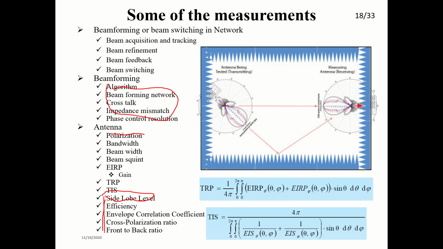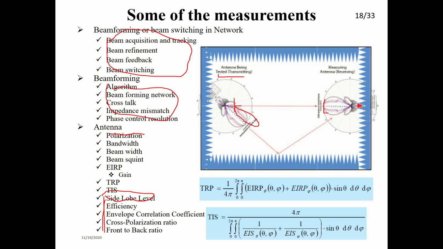Okay, so I was mentioning beam acquisition and tracking. Why? Because this has to be measured carefully. For example, your DUT antenna is receiving in this direction, but the antenna being tested is physically or mechanically directed towards this, while electrically your beam is something like this.